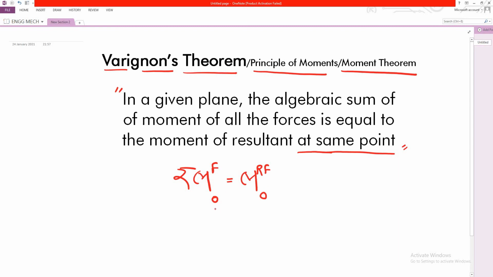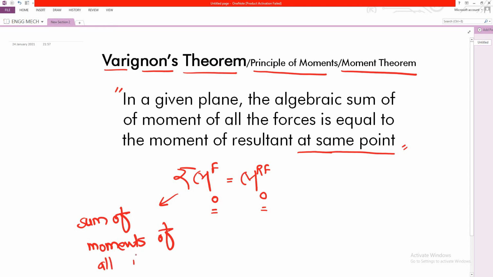Okay, if the reference point for calculation of moment of all these forces is taken as O, then for the resultant force also the reference point should be the same. Summation M^F, and when we write O in the suffix, it denotes the sum of moments of all the forces in the given plane.